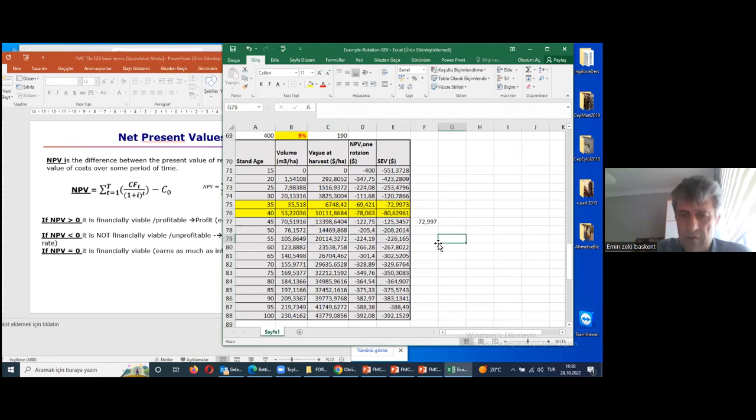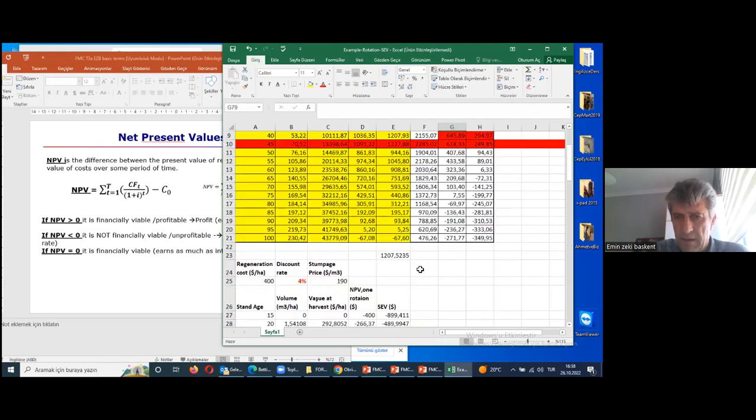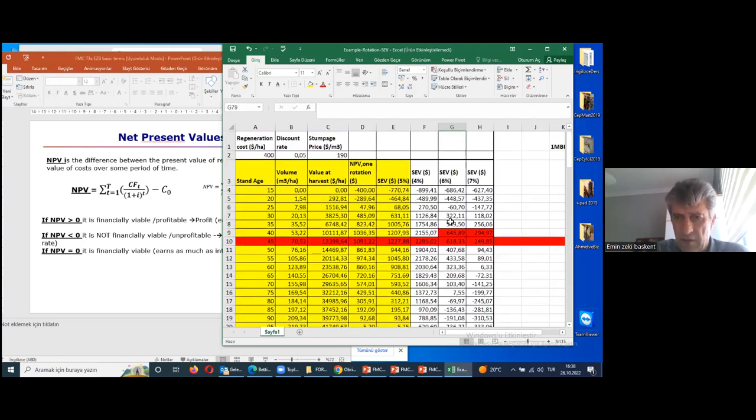So we don't just go for the sake of increasing the soil expectation value. We would not choose the associated age as a rotation period.